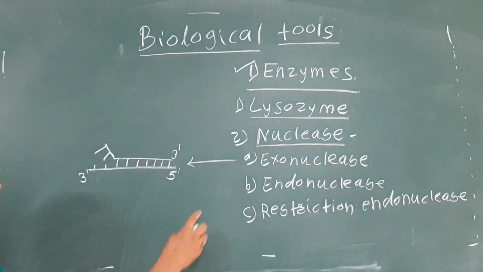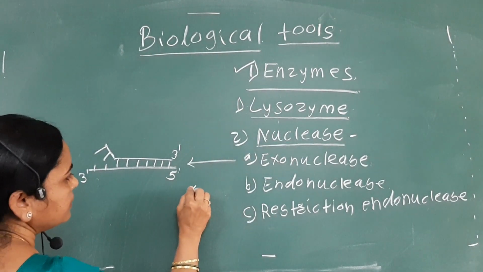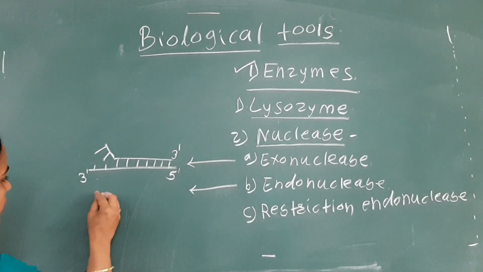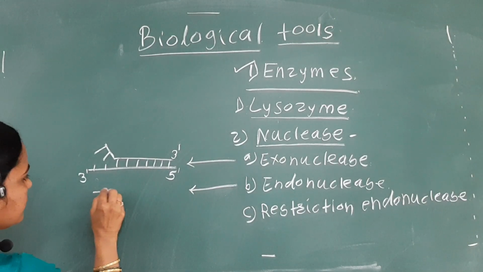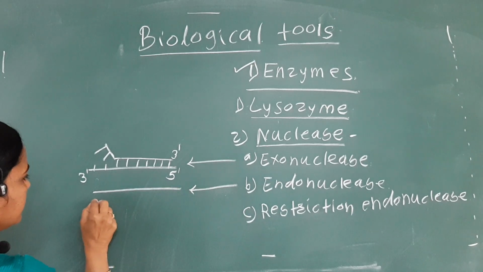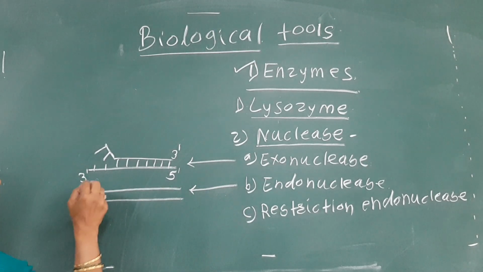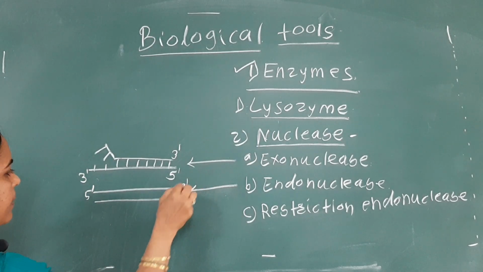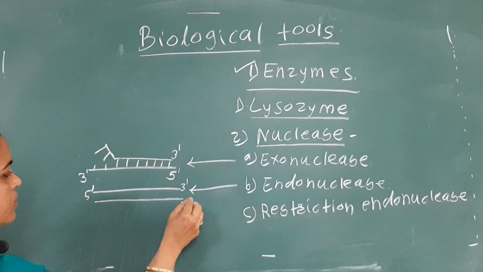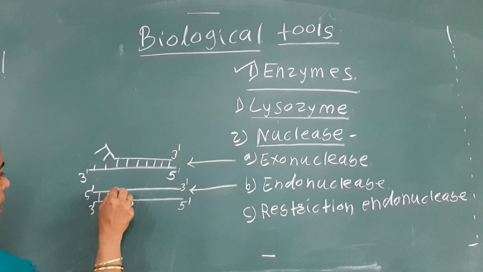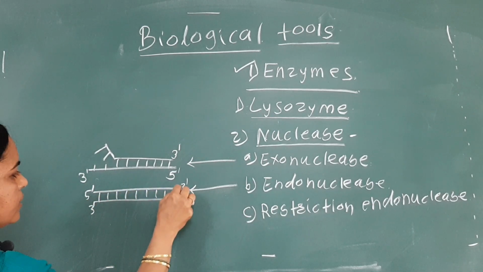Then the endonuclease enzyme cuts the DNA molecule. Here is the 5' end, here is the 3' end, and corresponding to the 5' end is the 3' end, and there is the nitrogen base pairing.